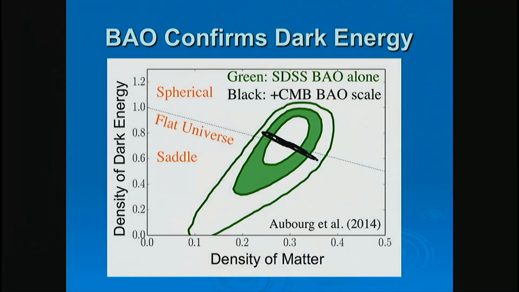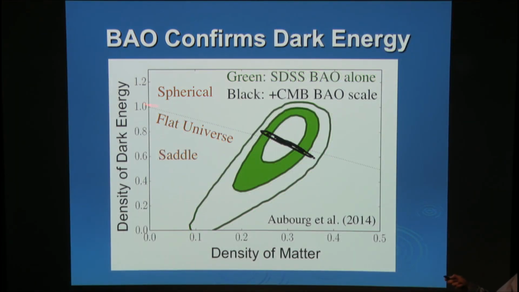Okay, well, it turns out that the acoustic peak gives really wonderful measurements of this. If we make a plot of the density of matter, in units called omega matter, and the density of dark energy, then if those sum to unity along this line, you would have a flat universe. If it summed to more than that, you'd have a spherical universe. Less than that would be this potato chip or saddle universe.